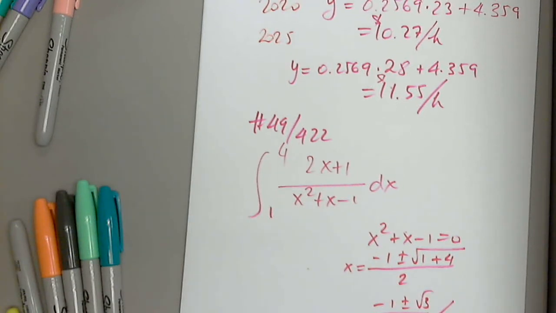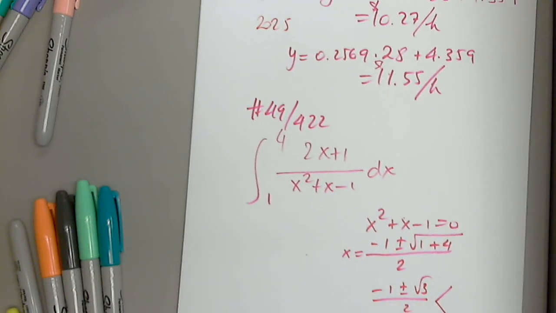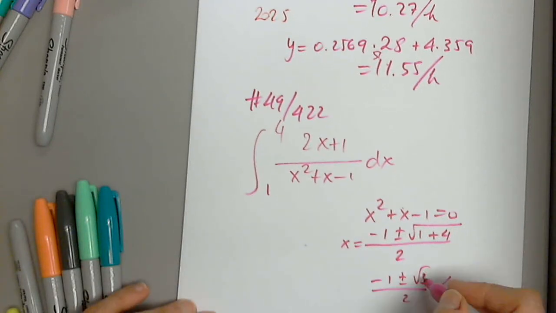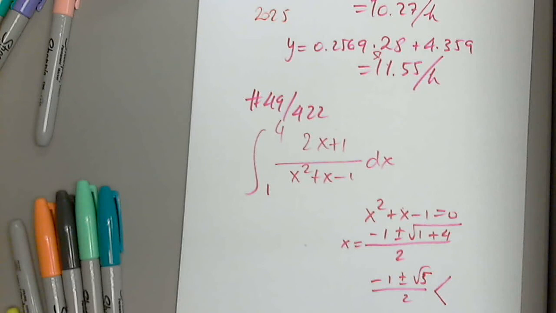So if I approximate this, first of all, one of them is a negative number, and the other one is negative 1 plus 1.73, so it's 0.7 divided by 2, which is below 1. Isn't that square root of 5? Yes, it is. I want to calculate now the positive one.